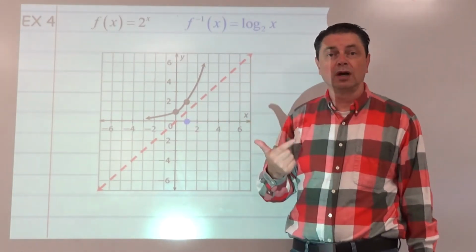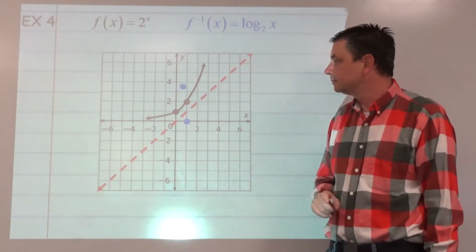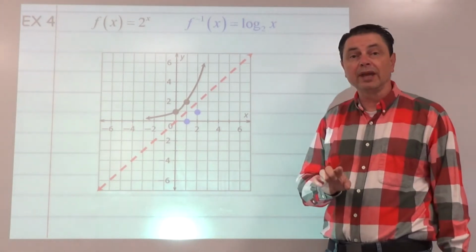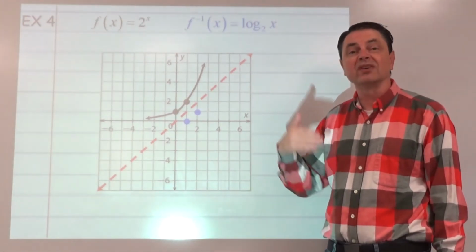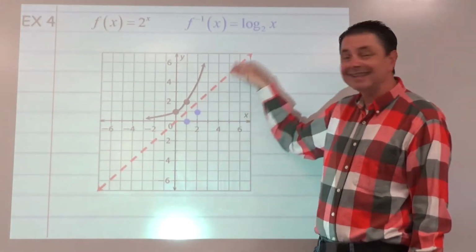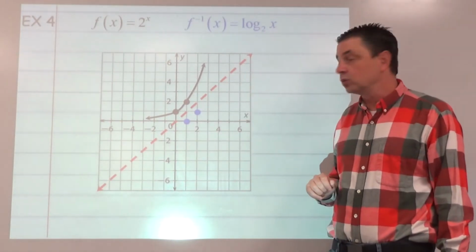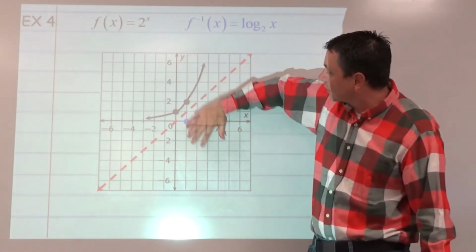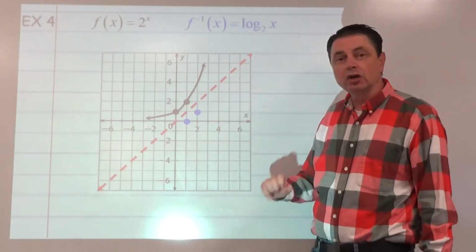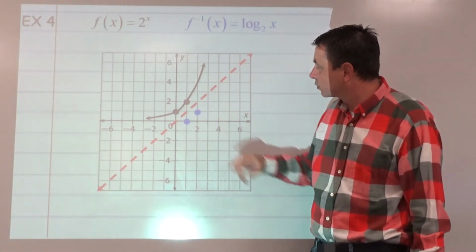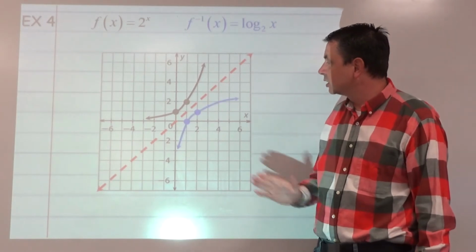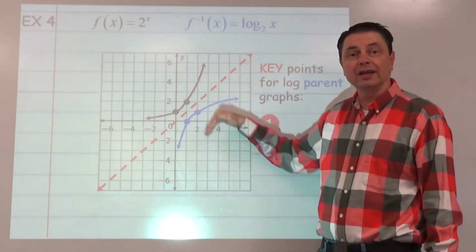Switch the x and the y: 2, 1. Then we want to make sure that our graphs are reflections of each other in this diagonal line y equals x. So make sure that the black graph flips over, and to get that shape passing through, it's going to need to look like this so that they are mirror images of each other.